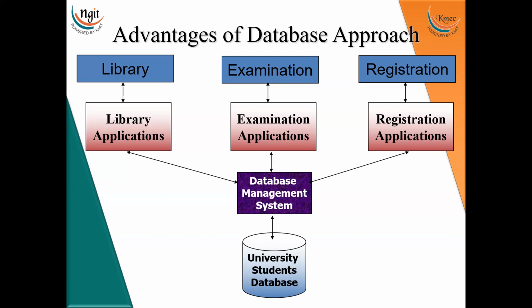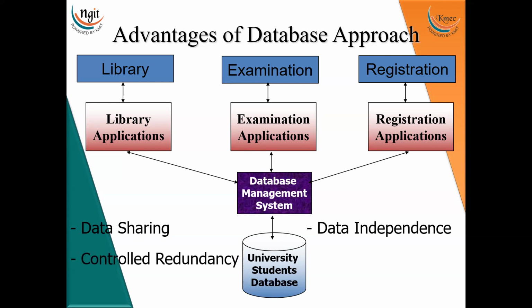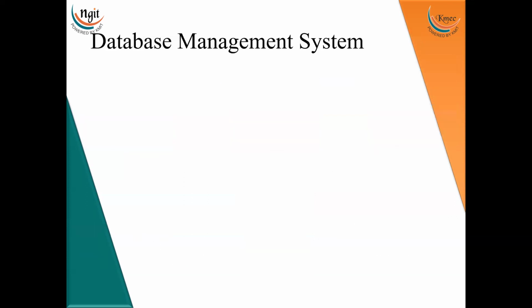With the help of a DBMS, you will be able to access individually from respective departments, which will lead you to data sharing, data independence, controlled redundancy, and better data integrity. All these are the advantages that you can get while using the database approach.